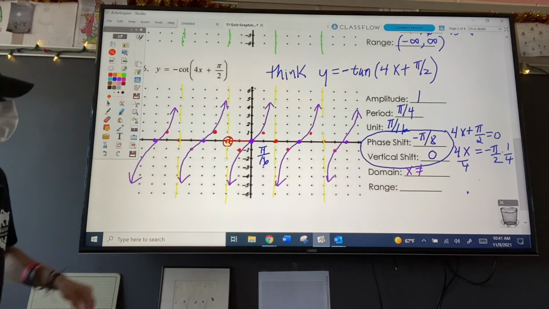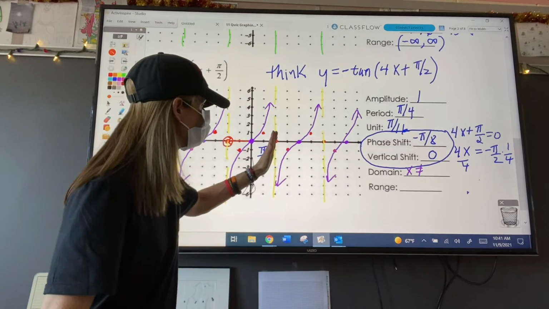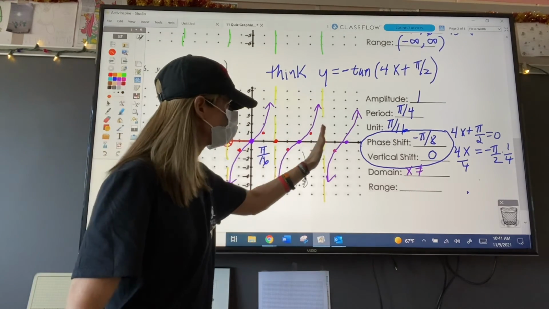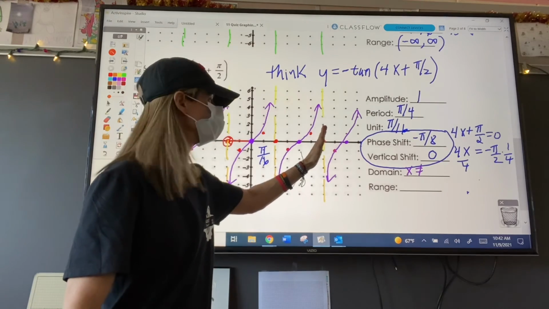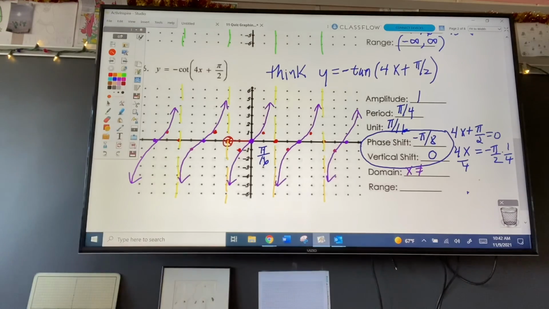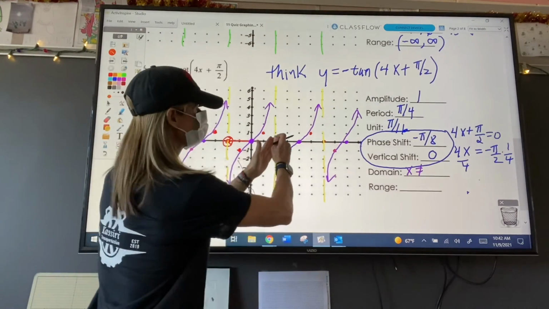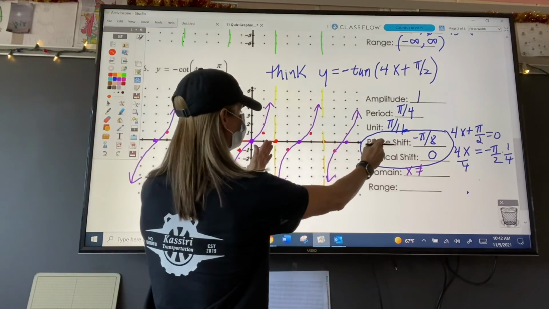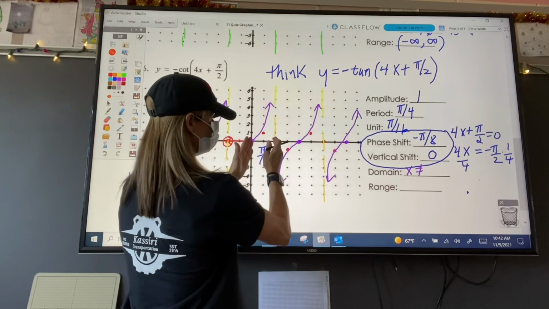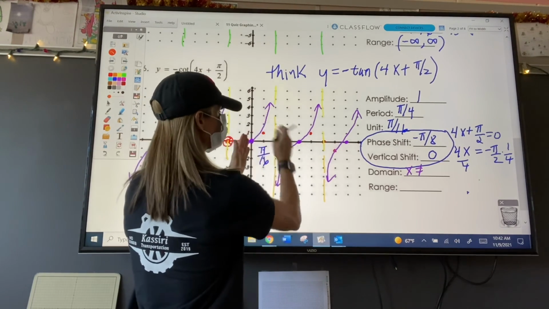Domain: x cannot be the first asymptote, and then we're going to have to say plus the distance to the next asymptote times k, which is different. The distance in between the asymptotes after the first distance is different than the first distance. So we can't just say the first distance times k.